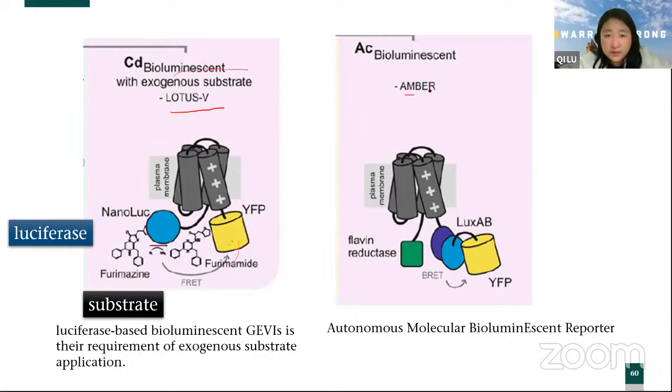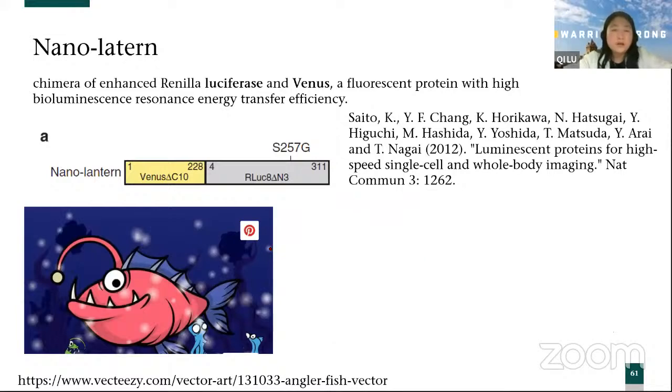And Ambr is another type. These two parts will be linked together, but the protein action and conformation change is between the flavin reductase and this complex.